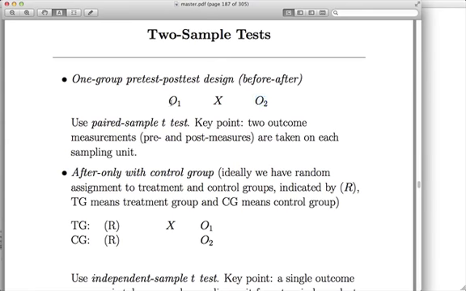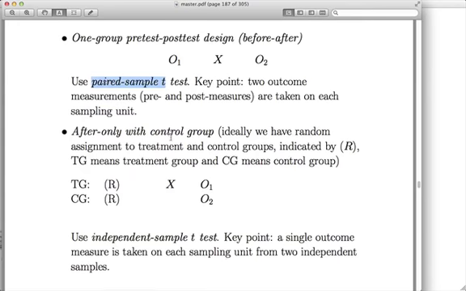Or I measure your attitude towards my brand, I show you some advertising, and I measure your attitude towards the brand again. All right, so that's one way of generating data. Whenever you've got two measurements on the same units, then you're going to use something called the paired sample t-test, which is the first section we're going to talk about today.